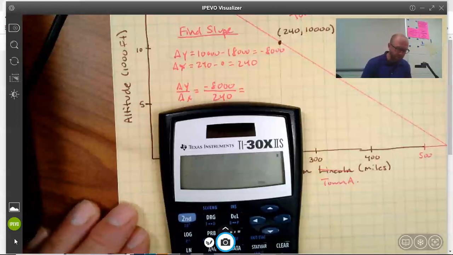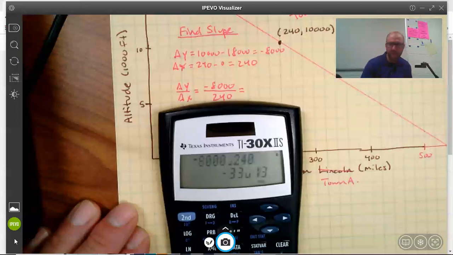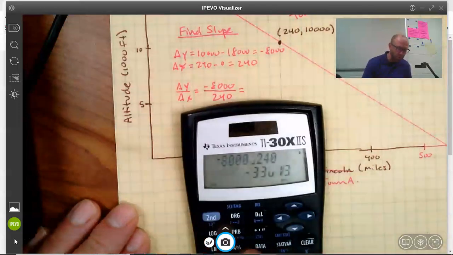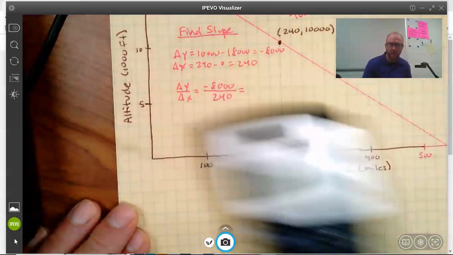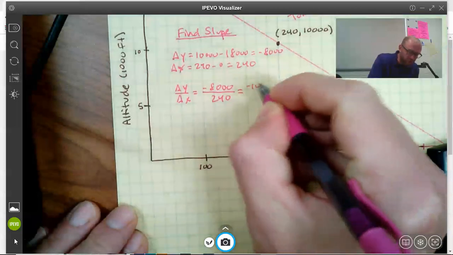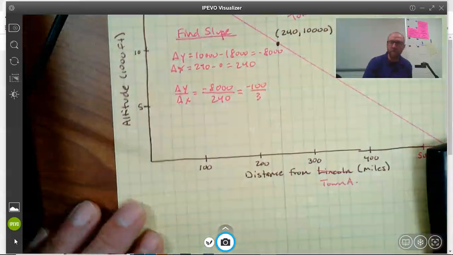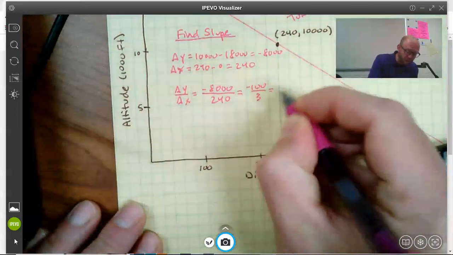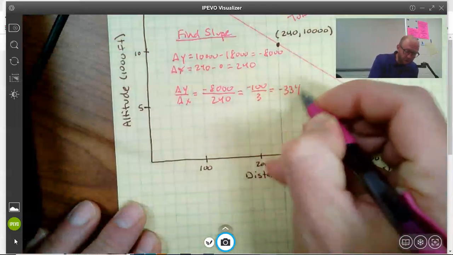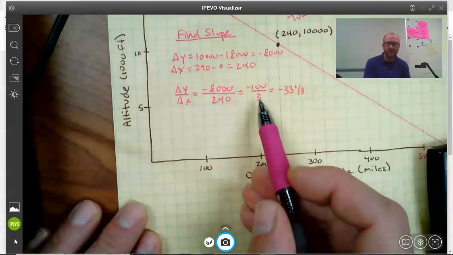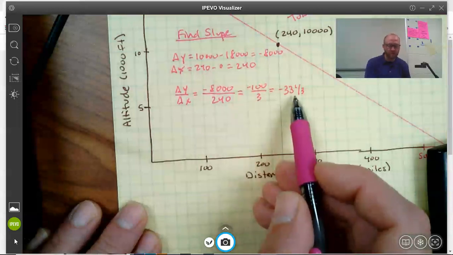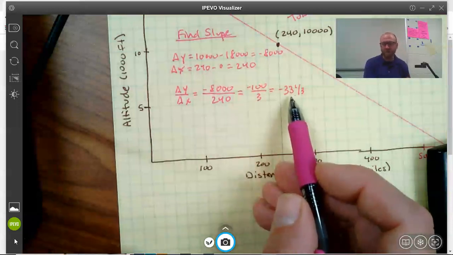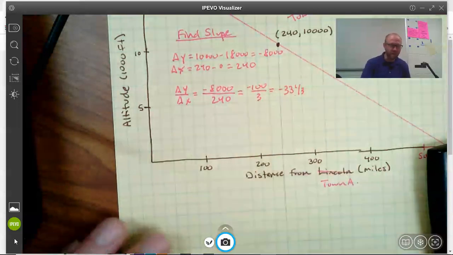So I'm going to do this as a fraction: negative 8,000 over 240 gives us negative 33 1/3, which is negative 100/3. So I'm going to write this first as a reduced improper fraction, and then I'm going to write it as a mixed number. The fraction is easier for us to deal with in a lot of situations, but the mixed number is a little easier to understand, so I'm going to put both representations here.